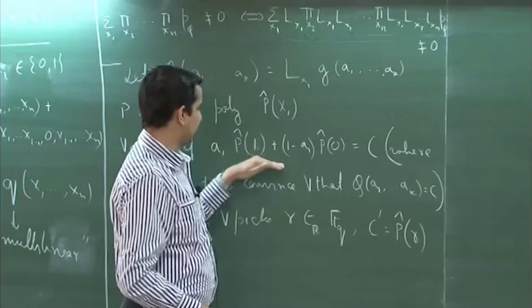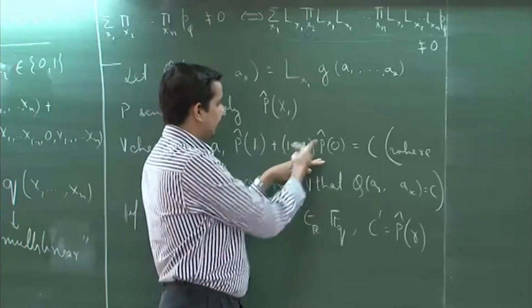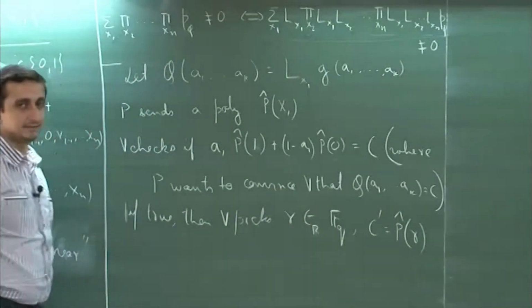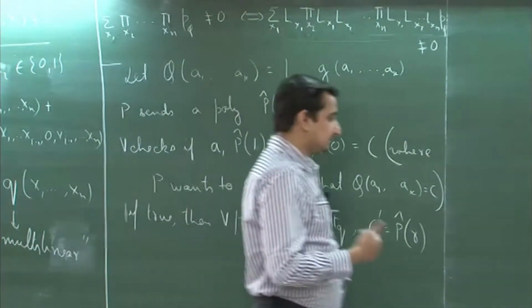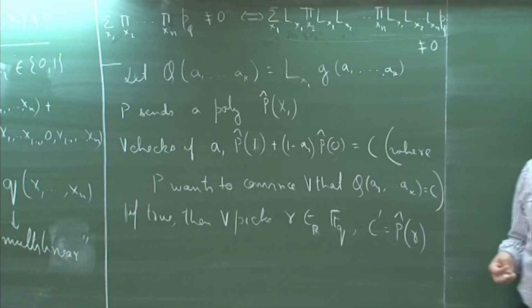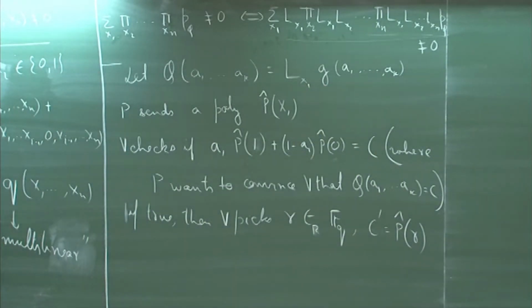So, P hat 1 plus 1 minus A1 P hat 0 should be equal to C prime, and it proceeds in the same manner. There is nothing much different happening as far as the protocol is concerned, but the crucial fact was this observation.